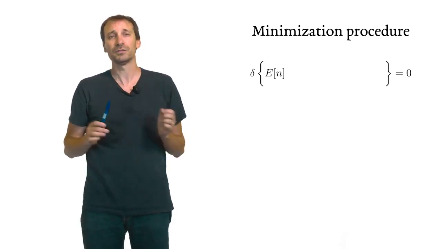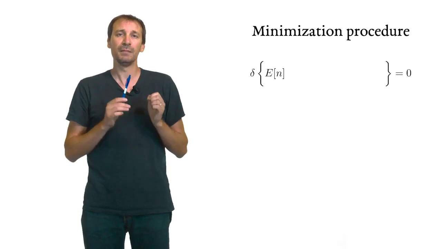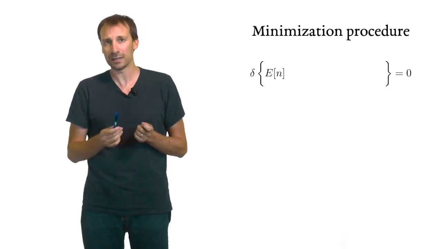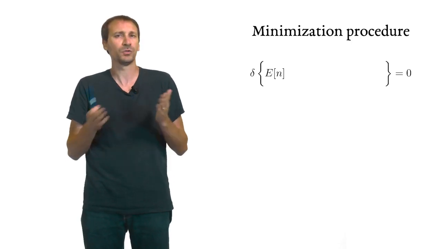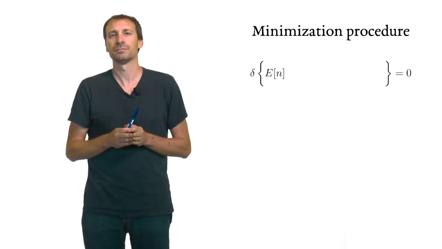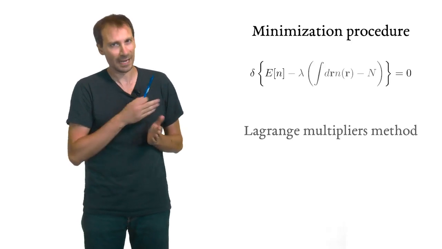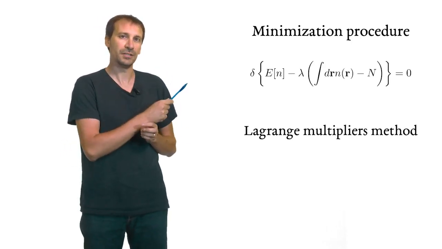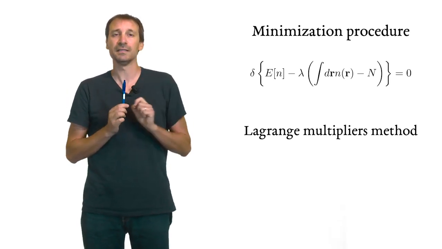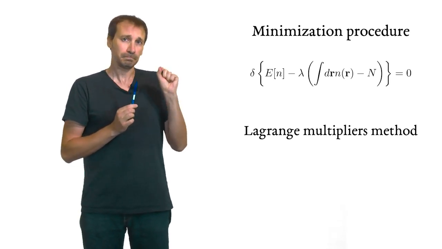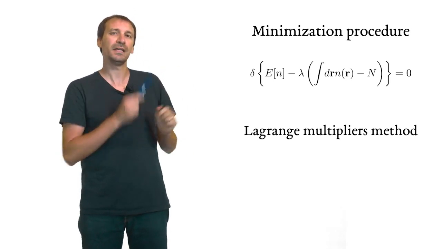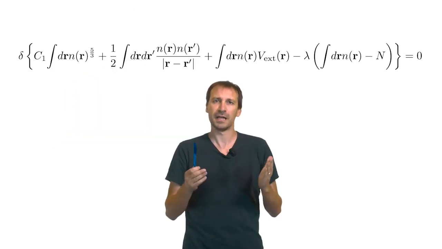And among all values, we search only among the densities that are normalized, that give the correct number of particles. It's a constrained minimization procedure, for which we use the Lagrange multipliers method. We minimize the total energy by variation of the density, but keeping the number of particles, of electrons in our case, fixed and equal to N. Let's start then.